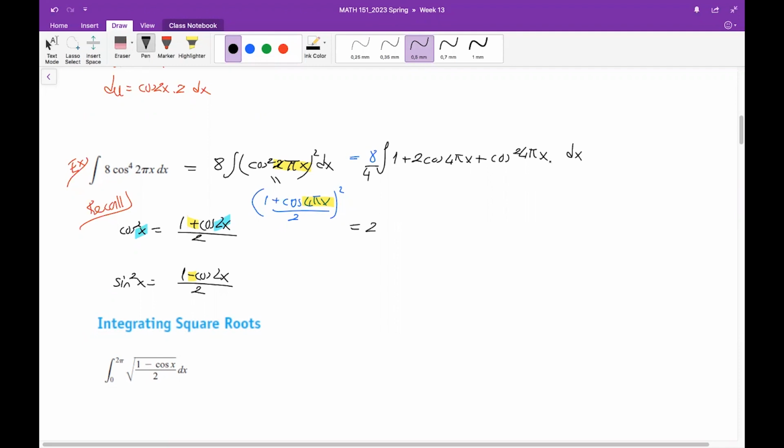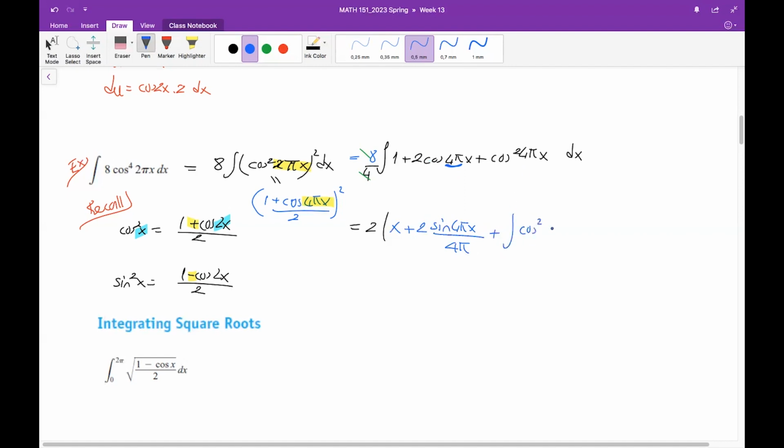The integral of 1 with respect to x is x, right? Plus 2 times the integral of this part. You should be careful about this constant. So it is sine 4 pi x divided by that constant.